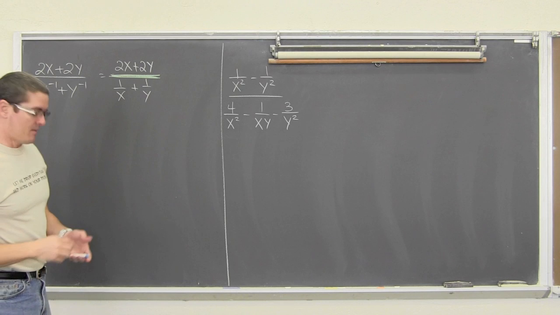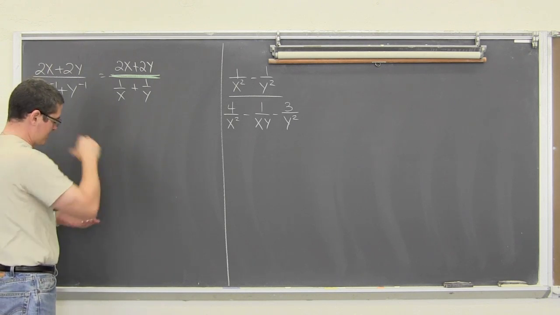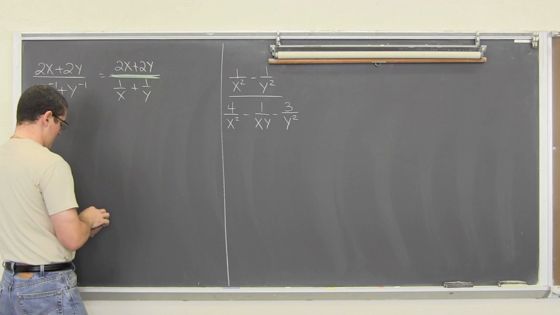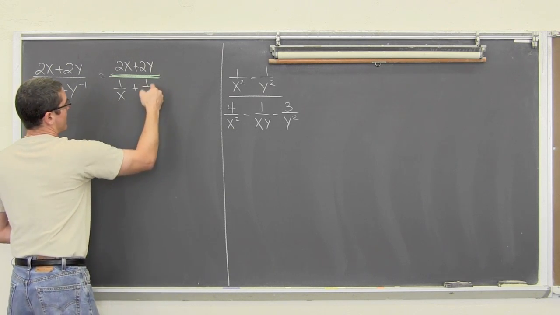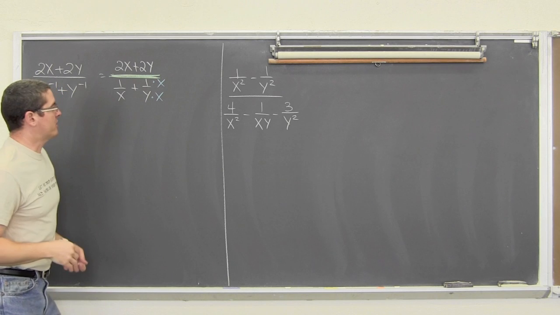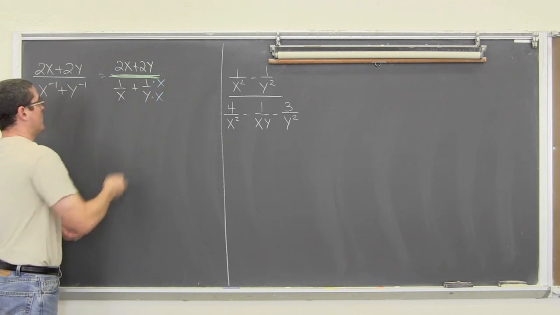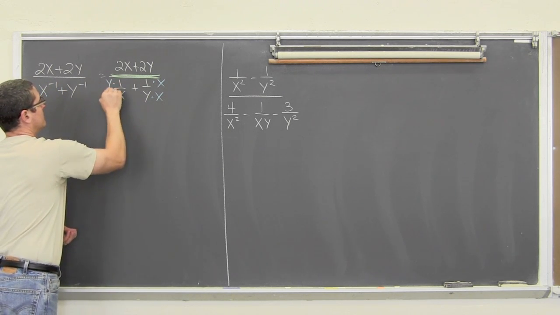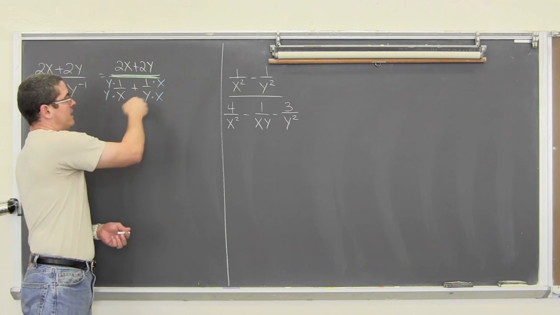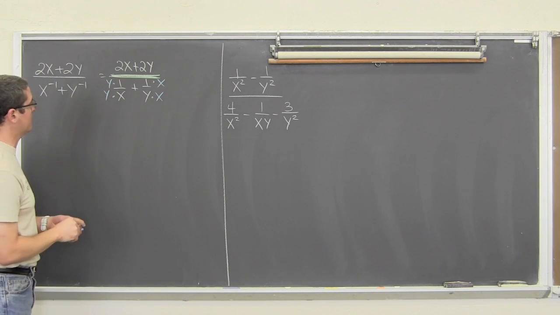We're going to find a common denominator, so we're going to have to multiply this fraction by x, top and bottom, numerator and denominator. This one by y. So we have those two fractions in the denominator having their own common denominator.